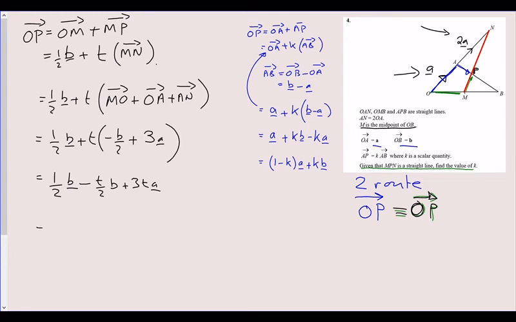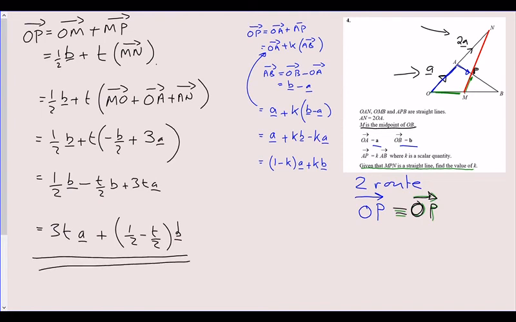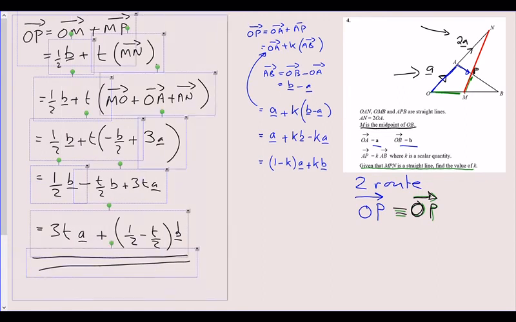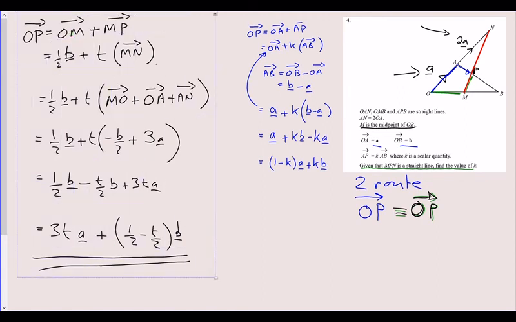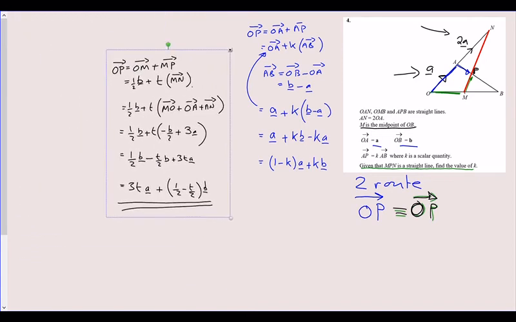Collecting like terms, 3t a plus, I've got a half minus t over 2 lots of b there. Okay, so that's my second vector for OP. I'm just going to minimize that and put it to one side.